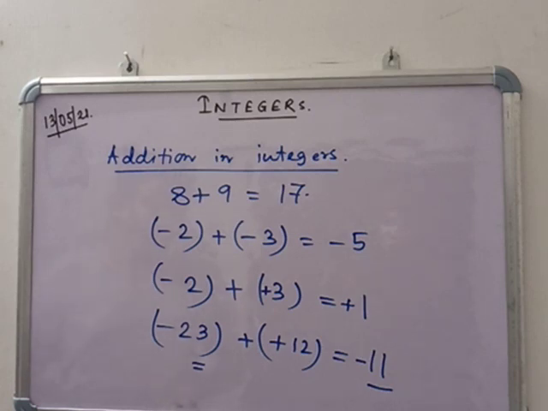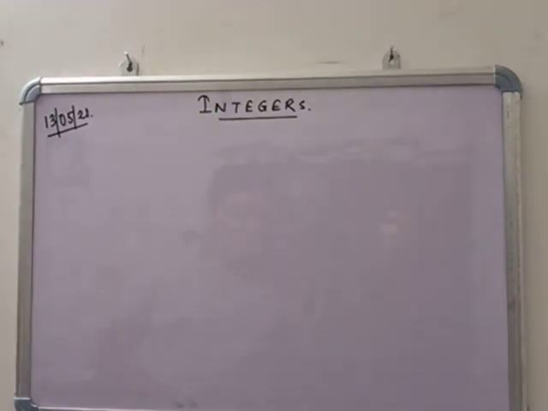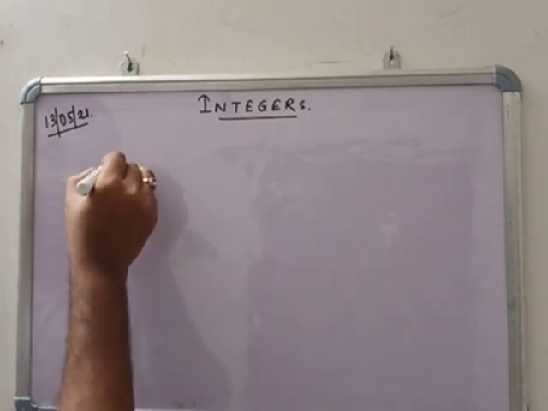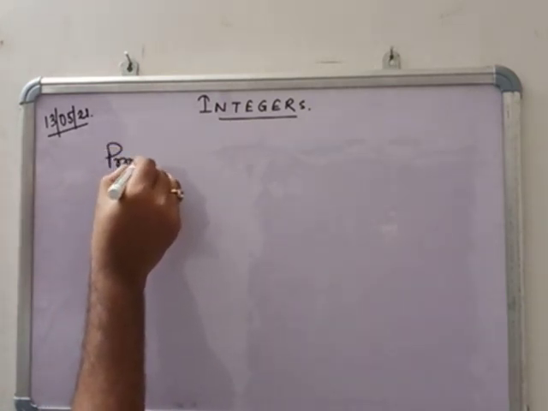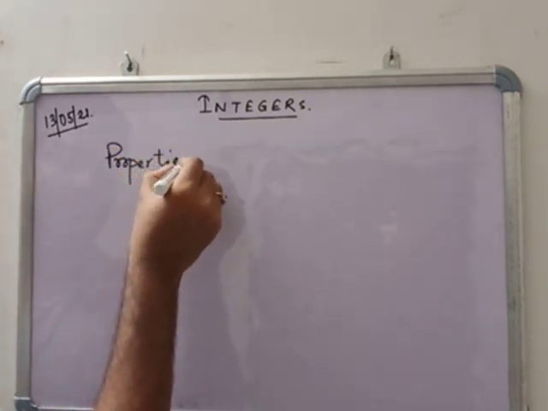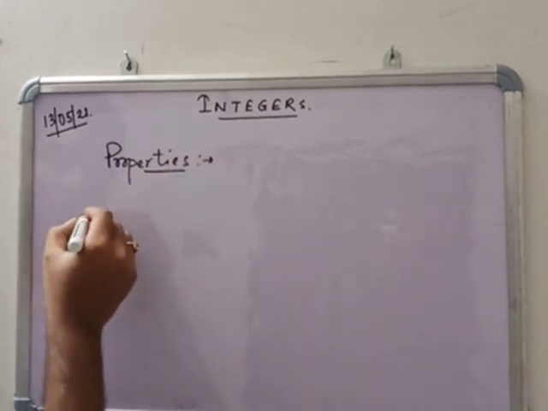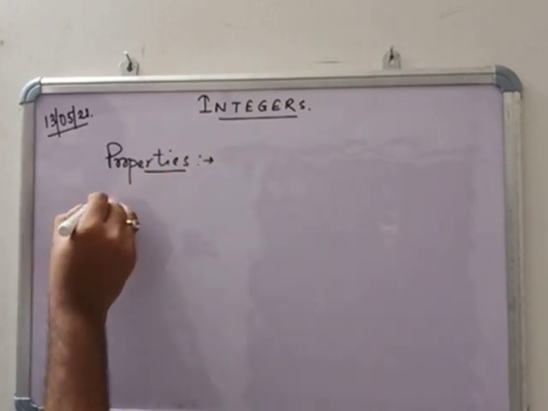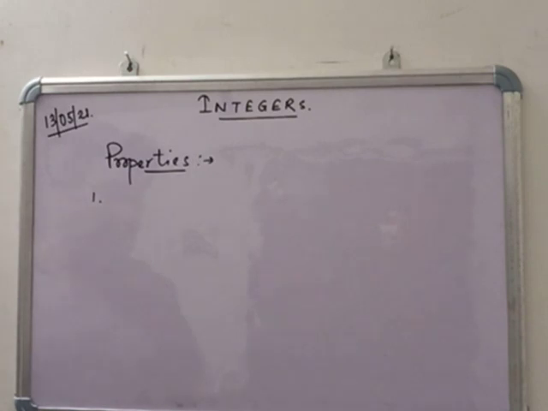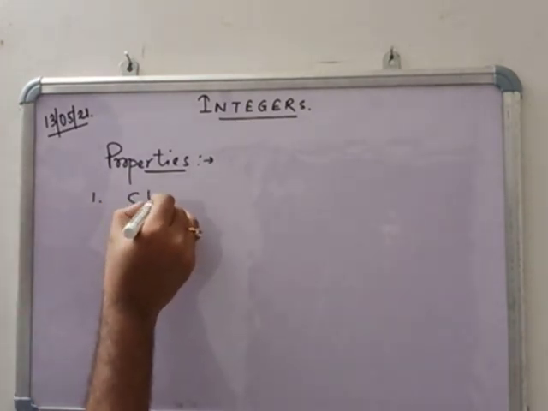Now we are going to discuss some properties. Now, properties of addition of integers. Firstly we are going to discuss the closure property.